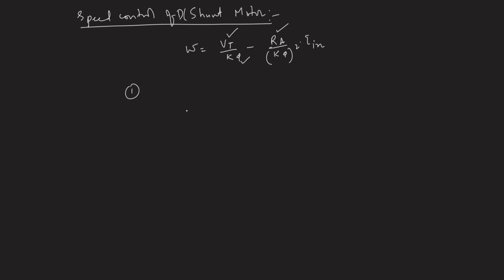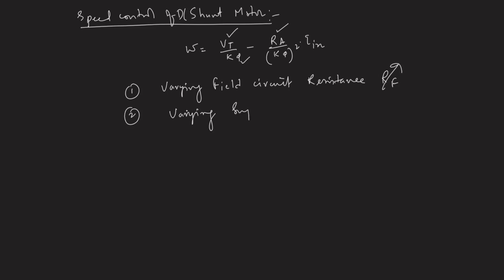One is by varying the field circuit resistance RF. The other is by varying the supply terminal voltage VT.